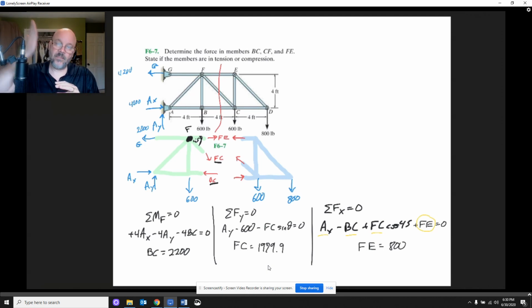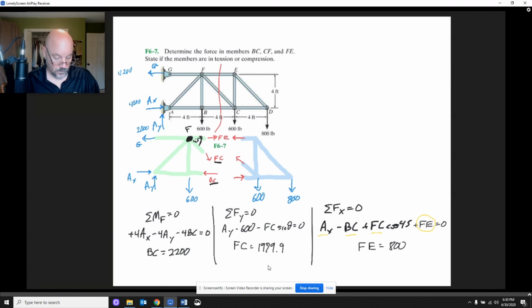So if we mathematically slice this thing, all the leftover bits must be in equilibrium. Once we find the reaction forces, we can slice this thing up and treat the internal forces as a sort of internal reaction force, and we can solve for those using sum of forces and sum of moments.